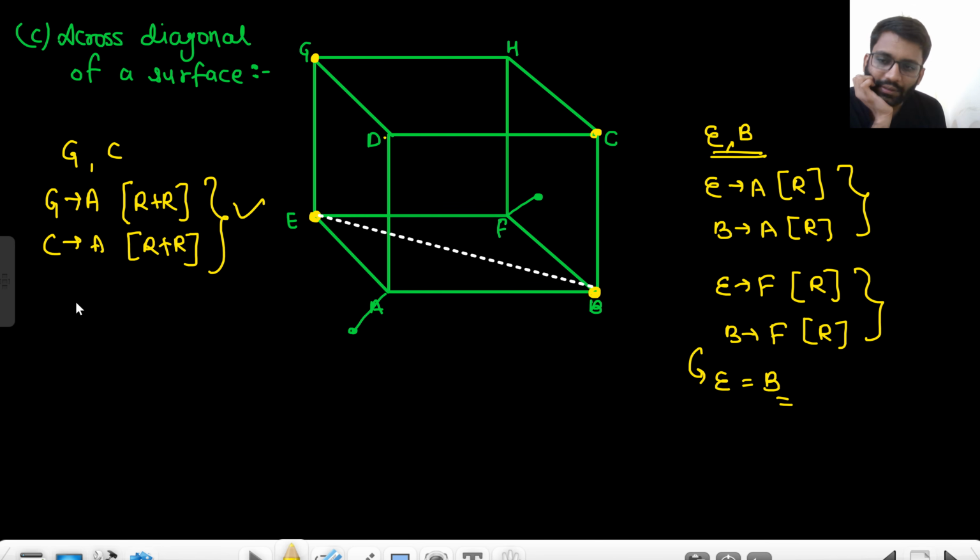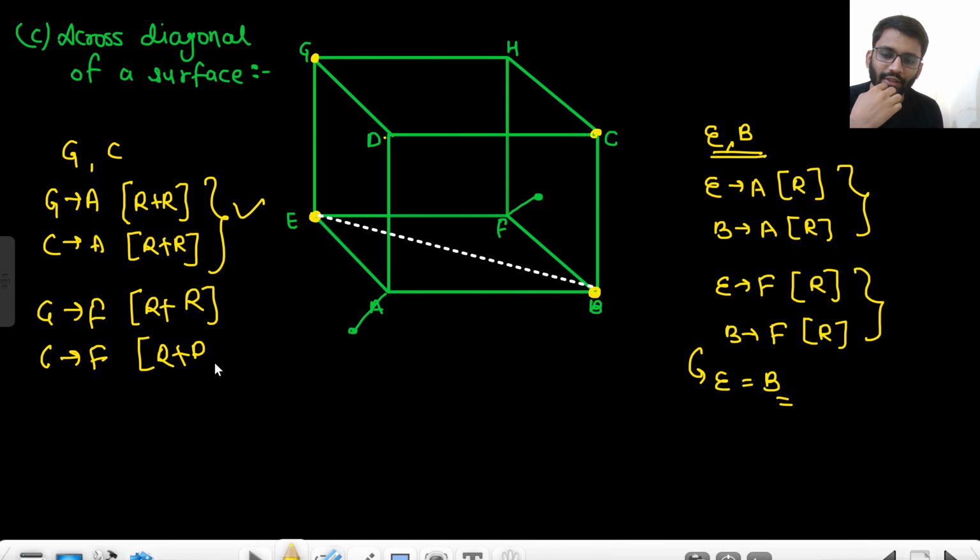Well and good. Now G will go to F, R plus R, 2R. And C will go to F, R plus R, 2R. Great. These are also equipotential. So G and C are also equipotential.